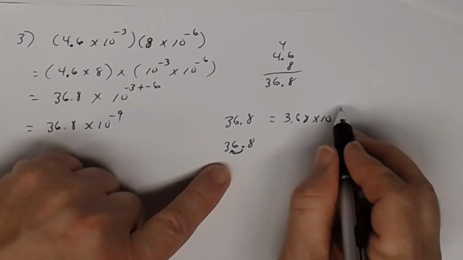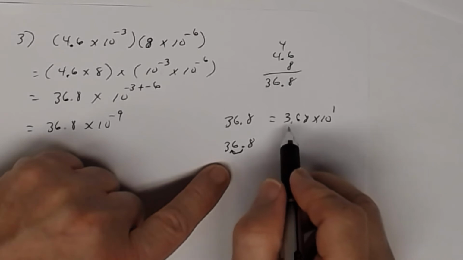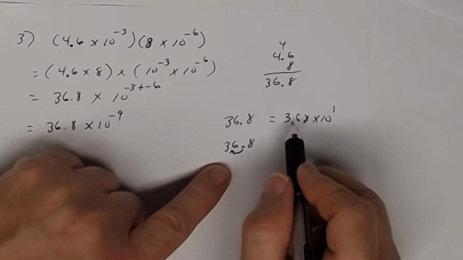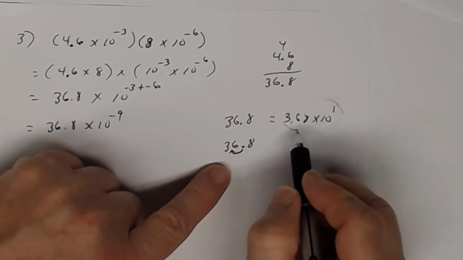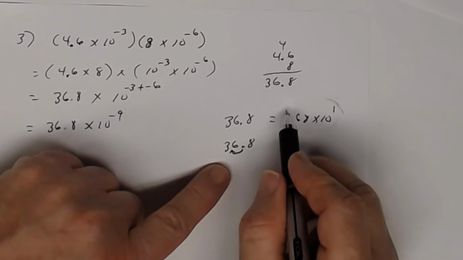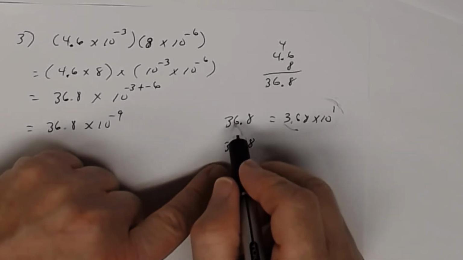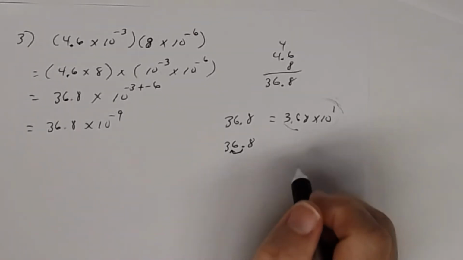I moved it 1 place, so I'm going to put a 1 here. Do I keep it as positive 1? The answer is yes, because 36.8 has to be bigger than 3.68, and it is.